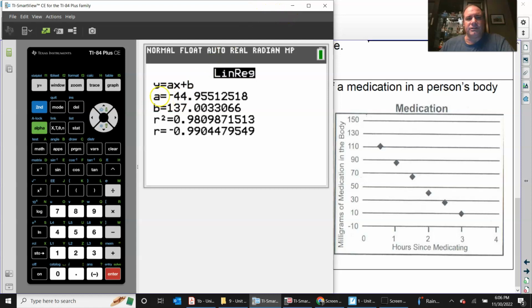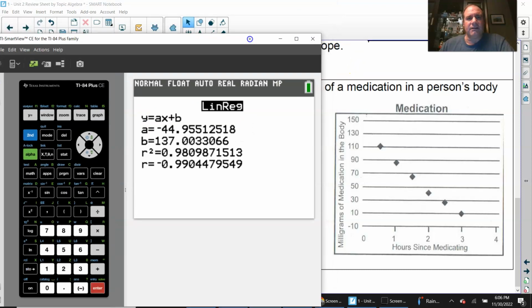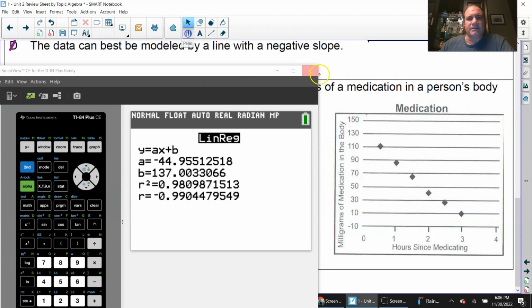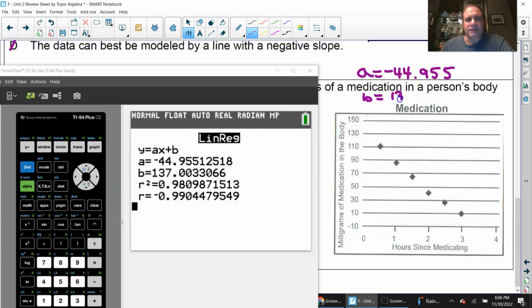This is the slope, the A. So I'm going to write down what my A is. A equals negative 44.955, it should be negative, it's going down. And the B is 137.00.